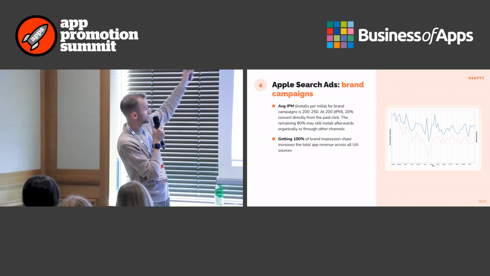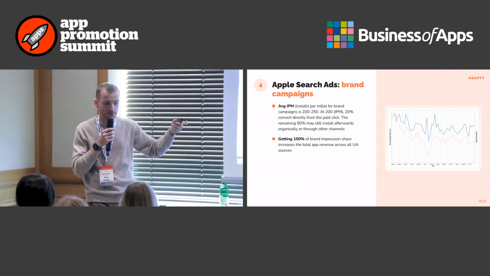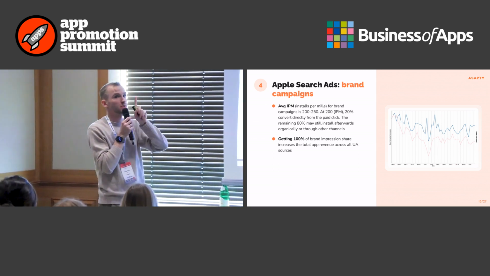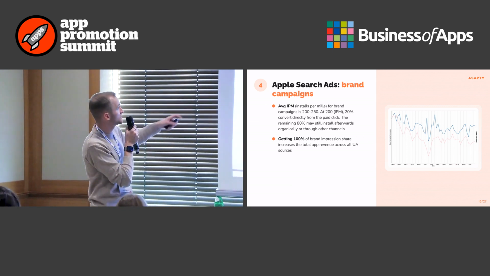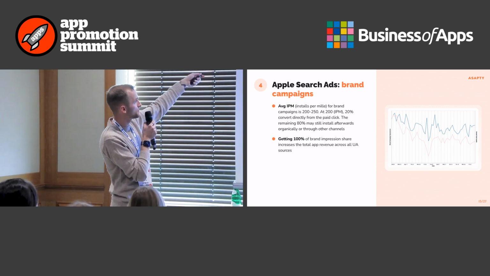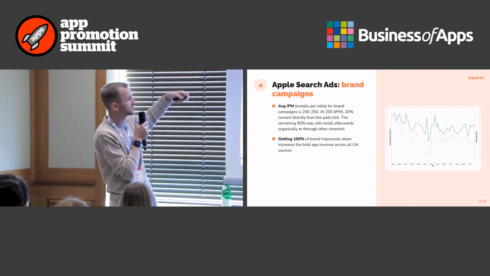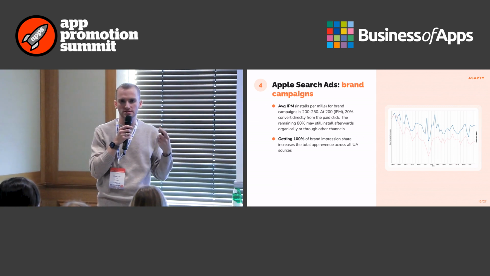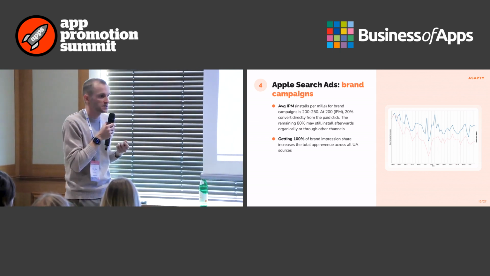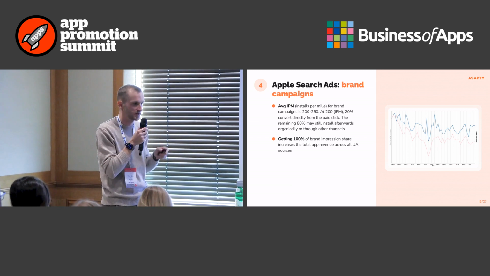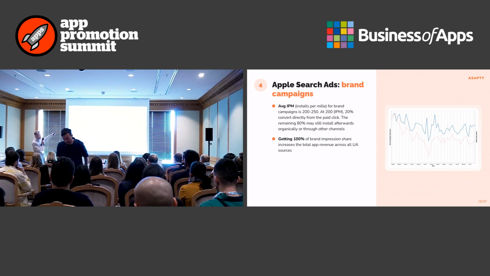And the really important thing to understand is cannibalization of the traffic, because everyone is speaking about cannibalization. The thing is that we have our own custom metric, which is called IPM, installs per mille. It is the amount of installs for 1,000 impressions. In the best case scenario, you will have 300, but the average is like 200.